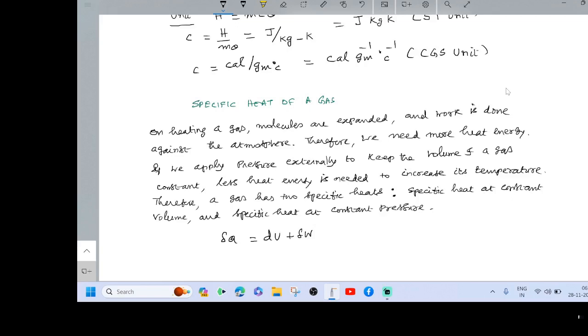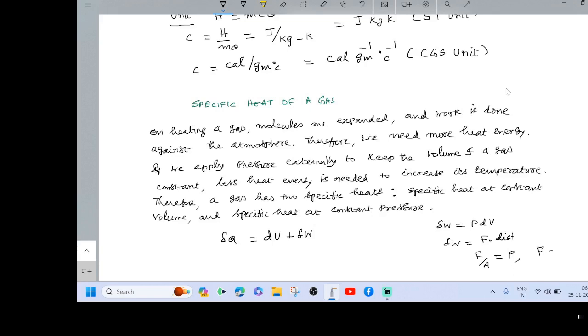Here dW = P dV. You know that work done equals force times distance moved. Force acting per unit area is pressure.